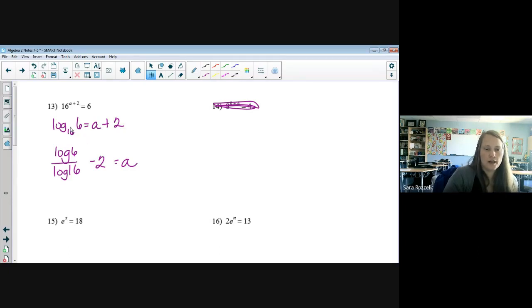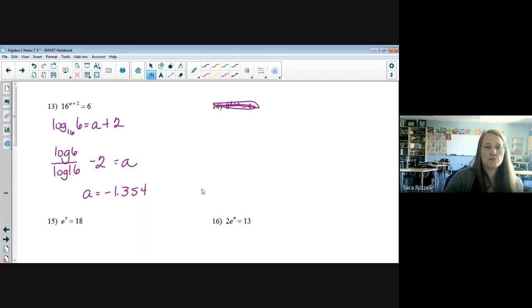You could, if you wanted to, figure this out first and then subtract 2 after the fact. And a is equal to negative 1.354. So we did our log 6 over log 16, then we subtracted 2.